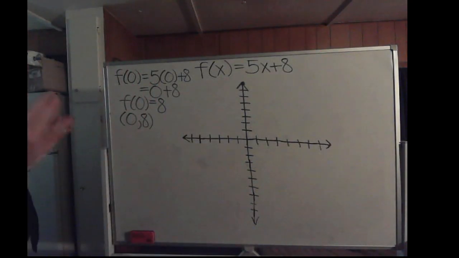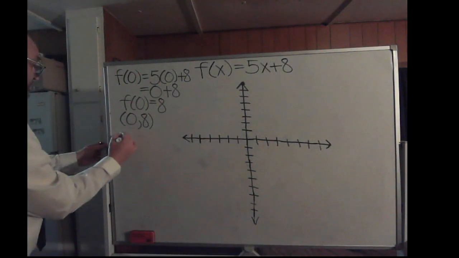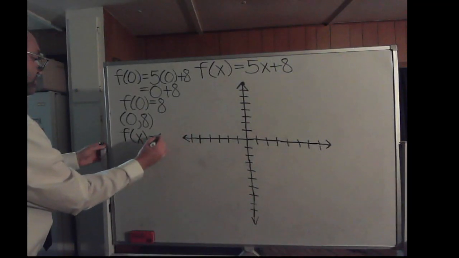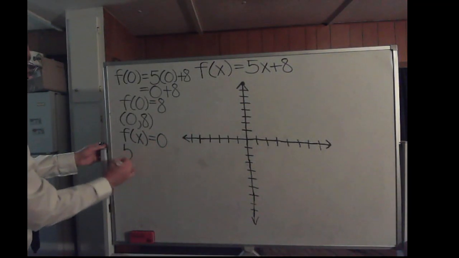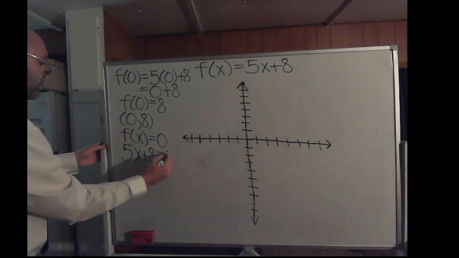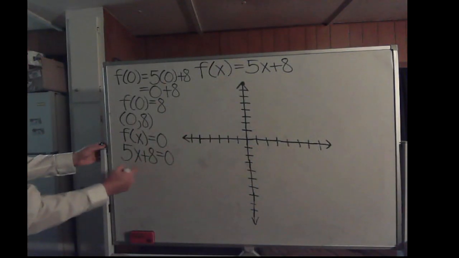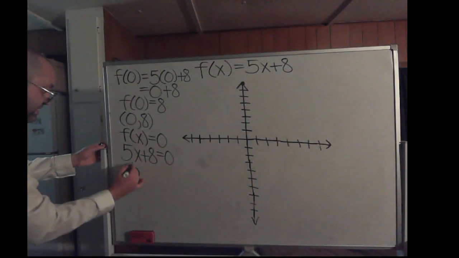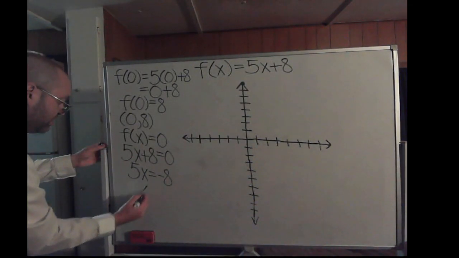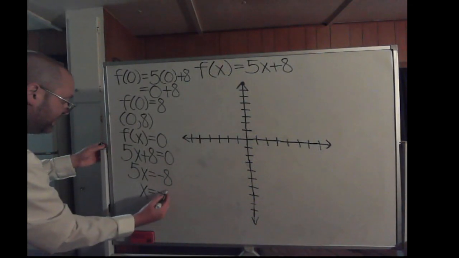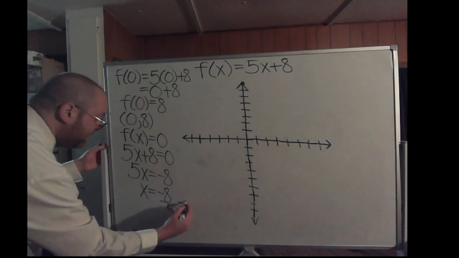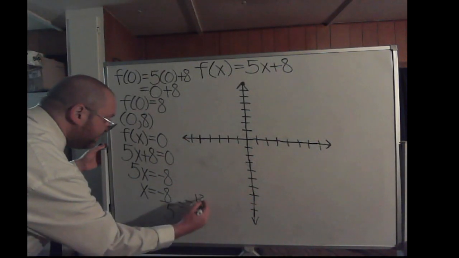Now let's find the x-intercept by setting the function itself equal to 0. F of x equals 0, which would have to mean 5x plus 8 equals 0. 5x plus 8 equals 0 means 5x equals negative 8, which means x equals negative 8 fifths, or that'd be negative 1 and 3/5.